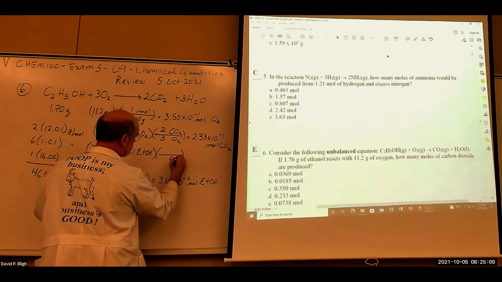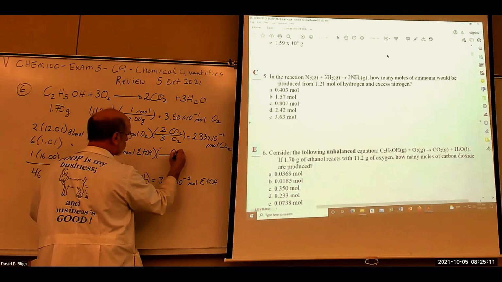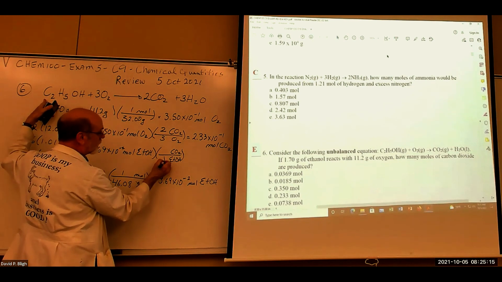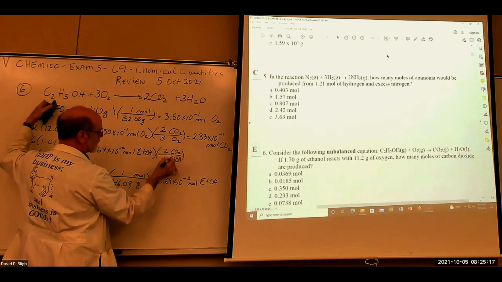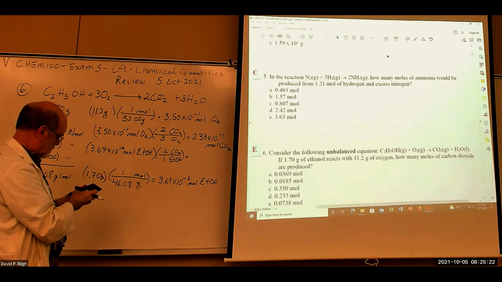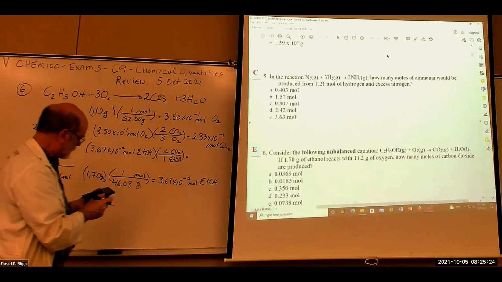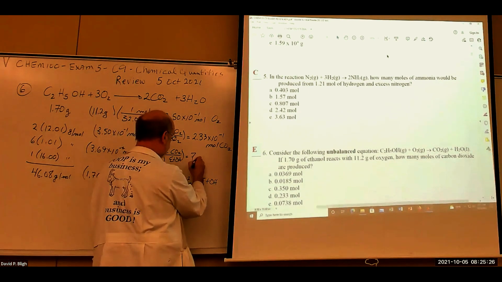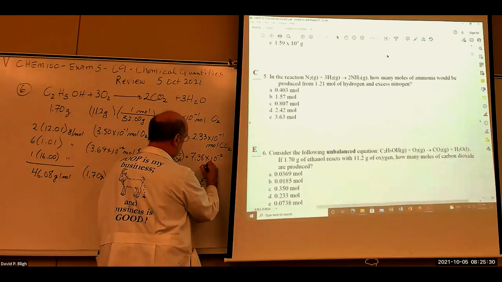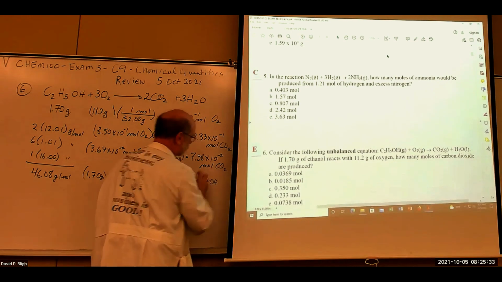So ethanol and CO2. So the coefficient in front of ethanol is 1 and 2 in front of carbon dioxide. So 2 times that value is 7.38 times 10 to the minus 2 moles of CO2.